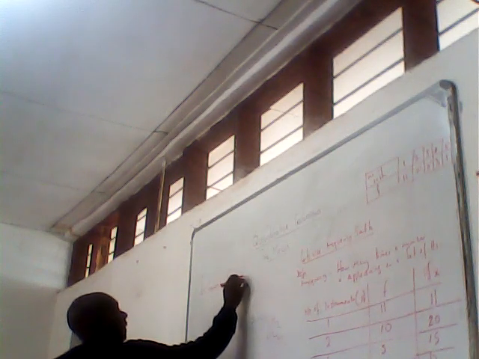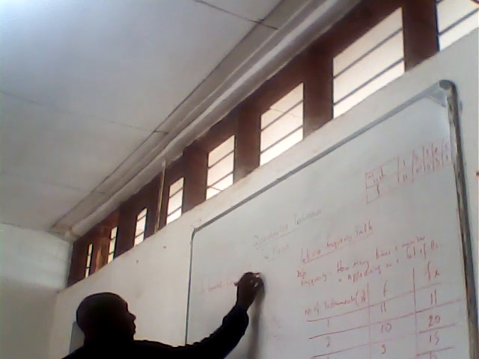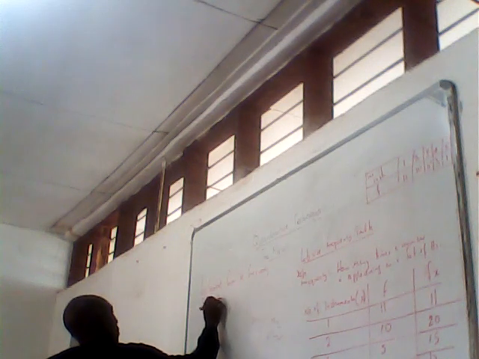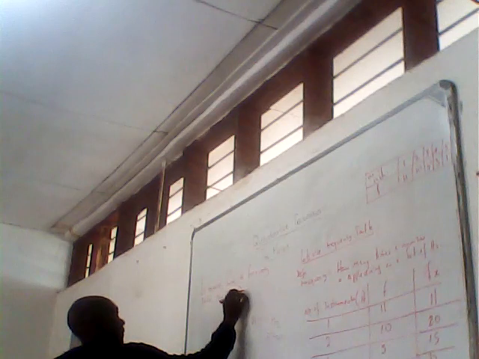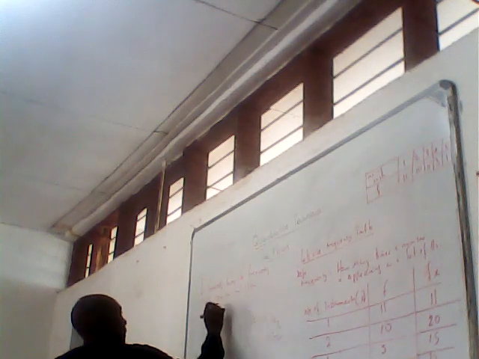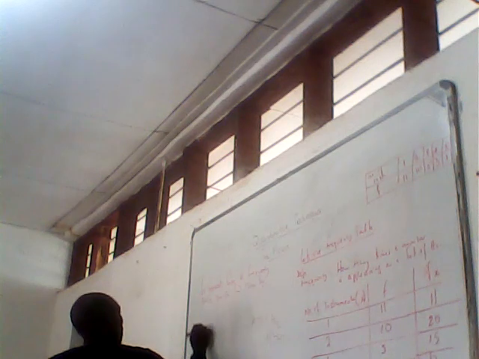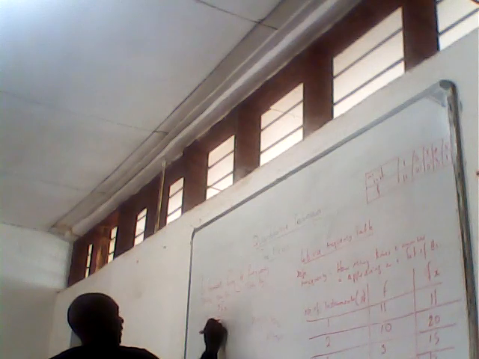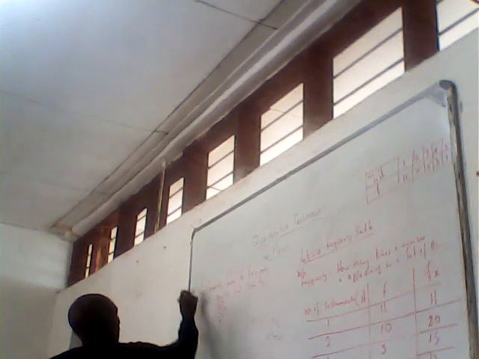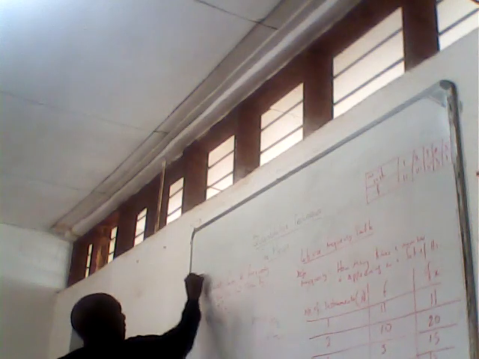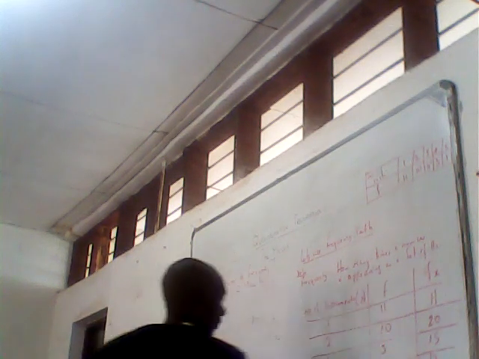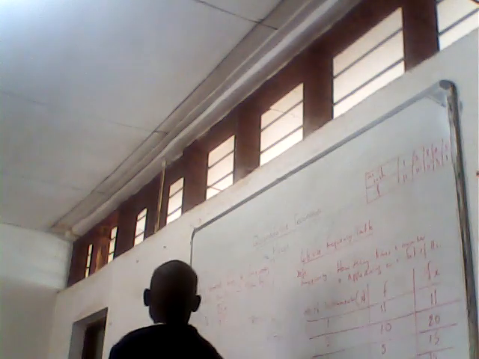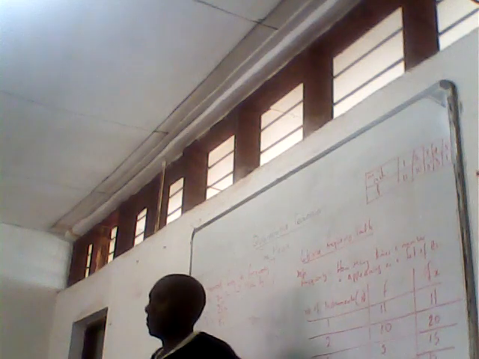Given a frequency table, find the mean by: mean is equal to the sum of fx divided by the sum of f. This is the general formula. What I'm telling you is that that's the general way of doing it. You are summing fx divided by the sum of f, and that is how you get it done.